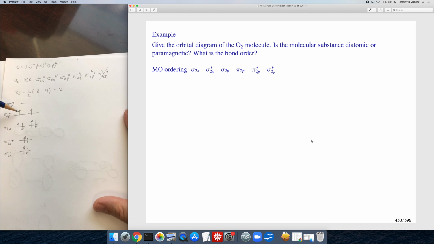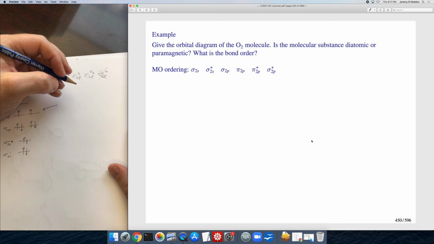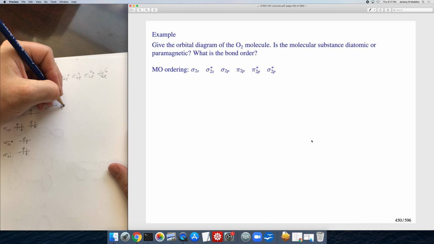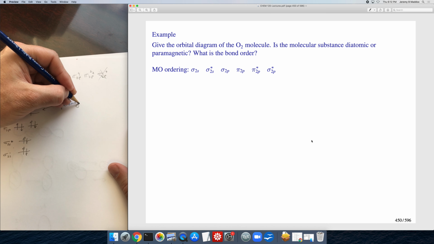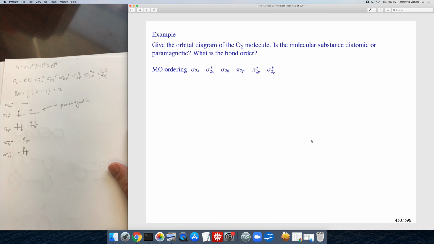Notice that I'm satisfying Hund's rules here. I'm trying to keep the electrons maximally unpaired. So you still follow Hund's rules for molecular orbital diagrams. Notice that we've got 2 unpaired electrons. That means that diatomic oxygen in its ground state is paramagnetic, and that's exactly what's found experimentally.